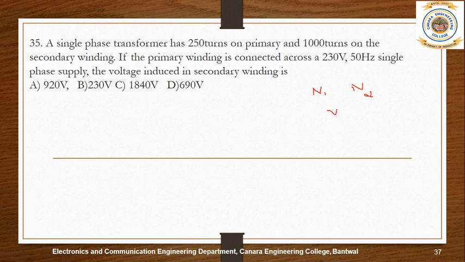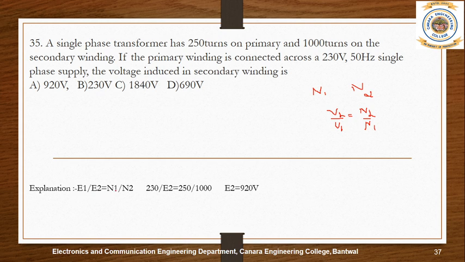In the transformer, V2 by V1 voltage ratio is equal to turns ratio N2 by N1. So V2 is equal to N2 by N1 into V1, that is 1000 by 250 into 230. So it is 920. That is option A is the right answer.